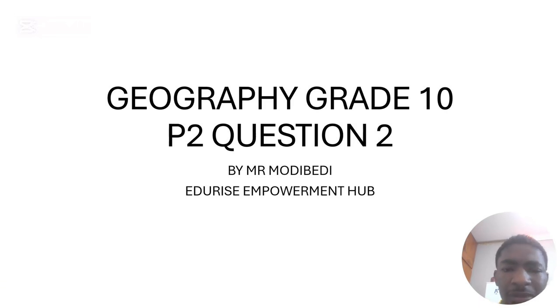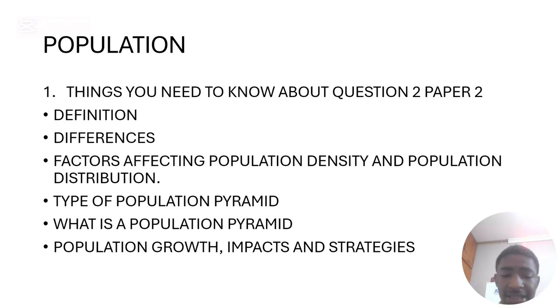So as I've said, today I'll be explaining geography grade 10, paper 2, question 2 specifically. So let's get to slide 1. It says the things we'll be focusing on today are definitions, differences, factors affecting population density and population distribution. Then we're focusing on types of population pyramid, what is a population pyramid, and population growth impact and strategies.